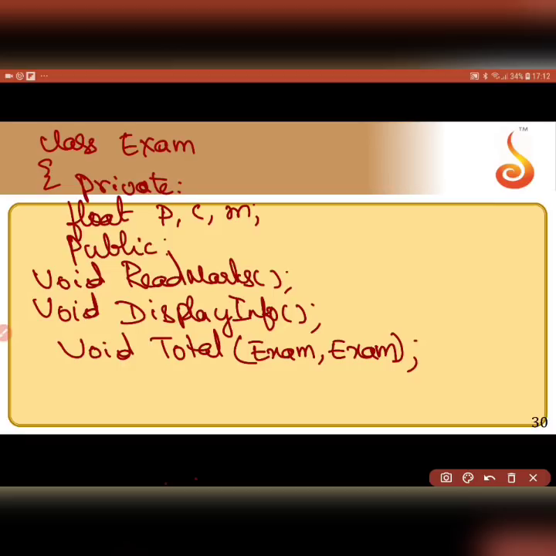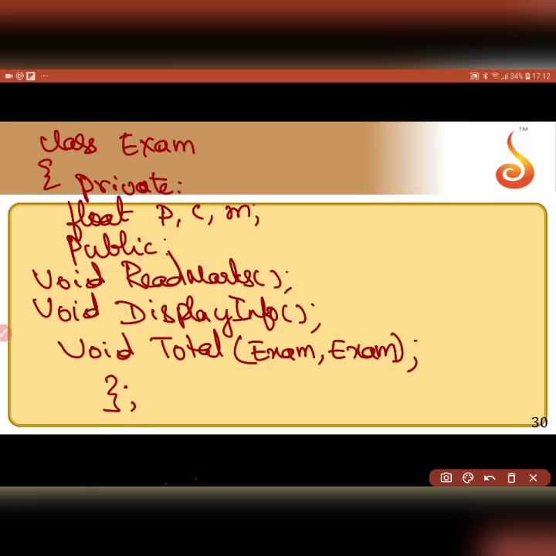Why am I writing exam and exam here? Because the name of the class is exam. So I will pass two objects as the argument to it. So this is what they expect us to write in the question. According to the question, this should be the class description. Have a look and then we will write the code for it in tomorrow's class.